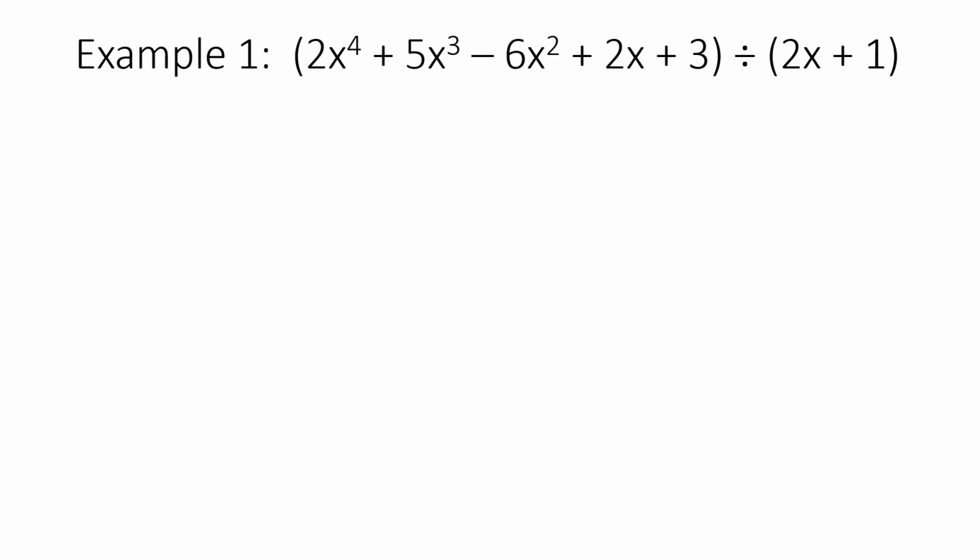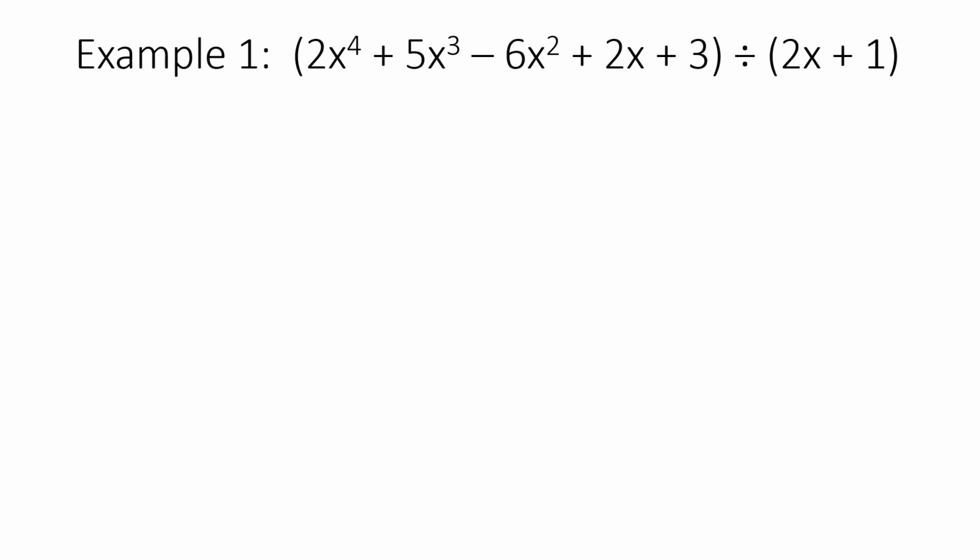With the other methods for doing polynomial division, either this is a much more difficult level problem, or the strategy doesn't work for this kind of problem at all, or you've got to do some gymnastics and bring some fractions into the mix. With the area model, this problem is just as easy to do as any of the others. In fact, it's easy enough that we can start with it as example 1.